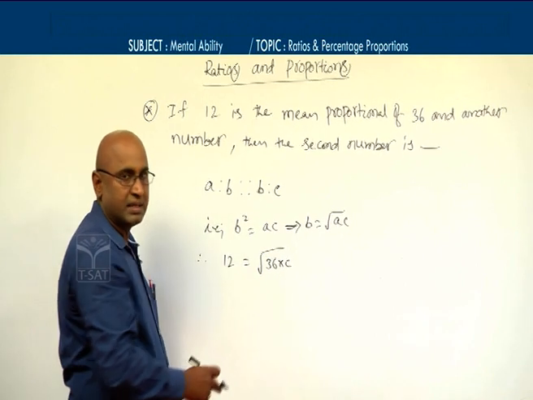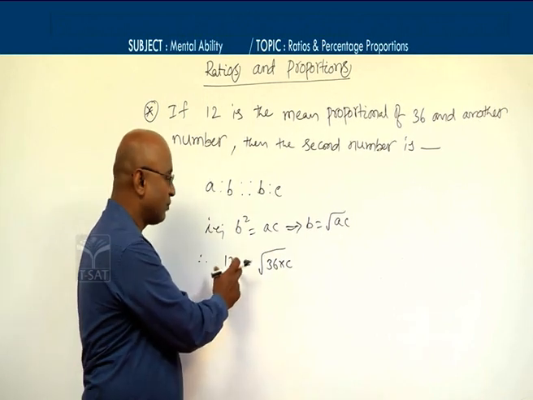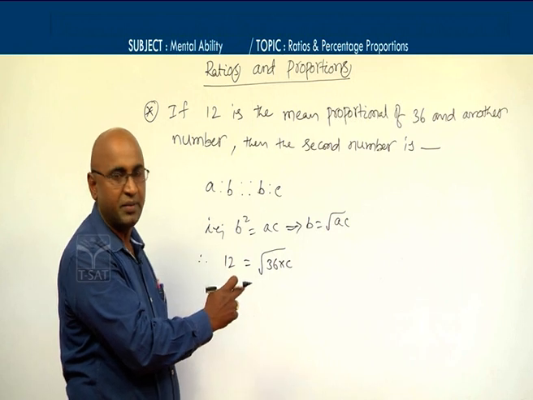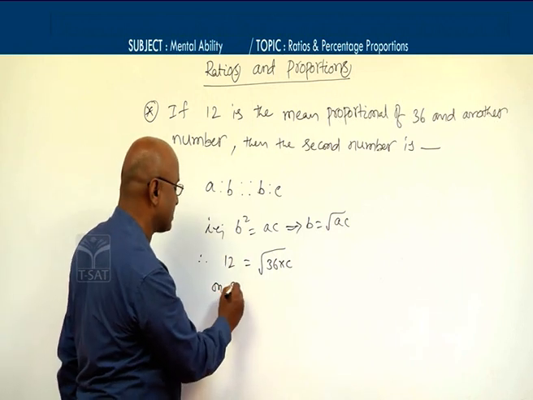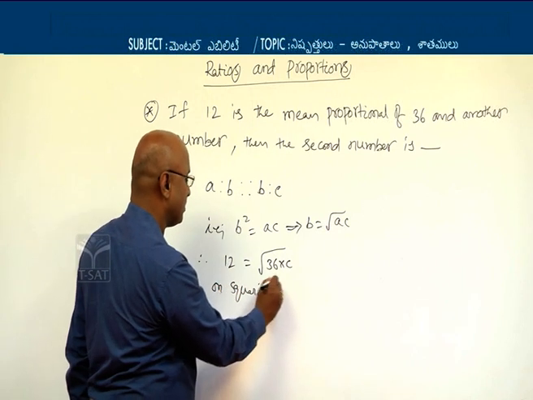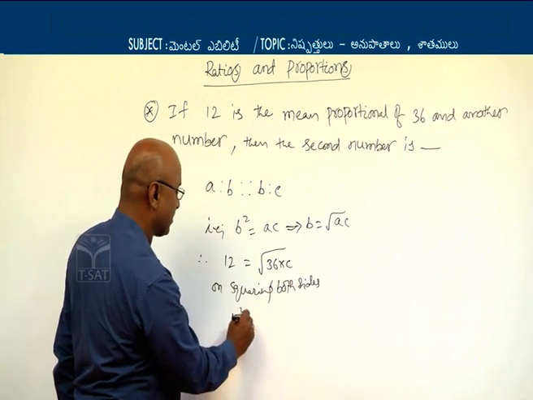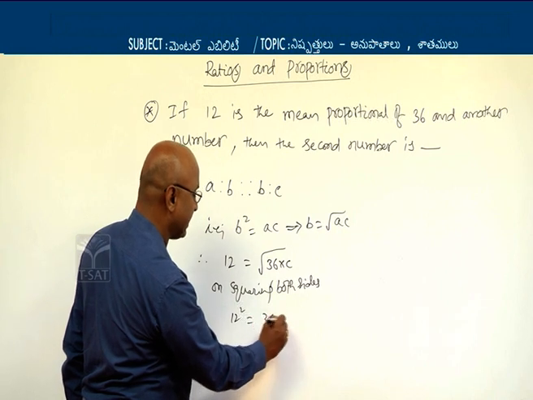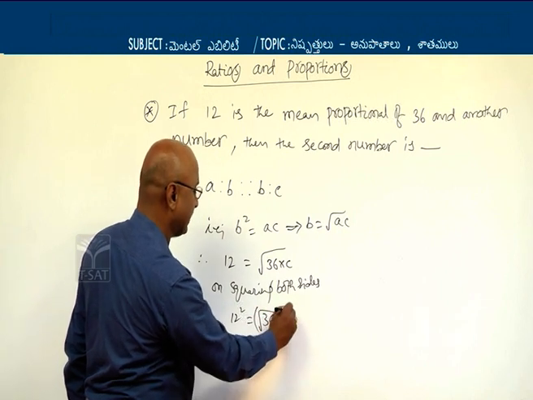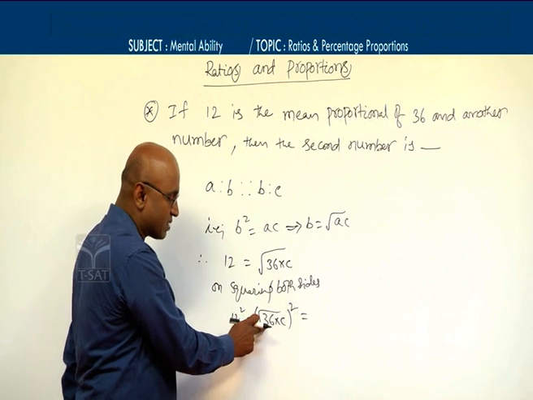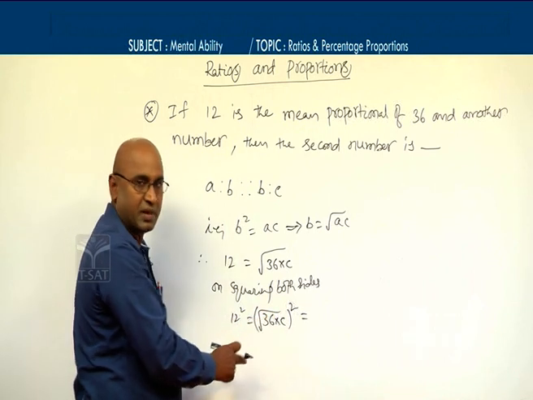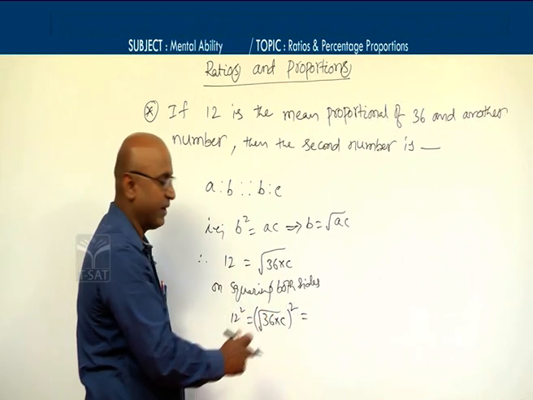Now, in order to find C, if you square on both sides, the square root will be eliminated. On squaring both sides, 12 square is equal to 36 into C whole square under root. We saw that square root of 36 into C is nothing but 36 into C whole to the power of 1 by 2.